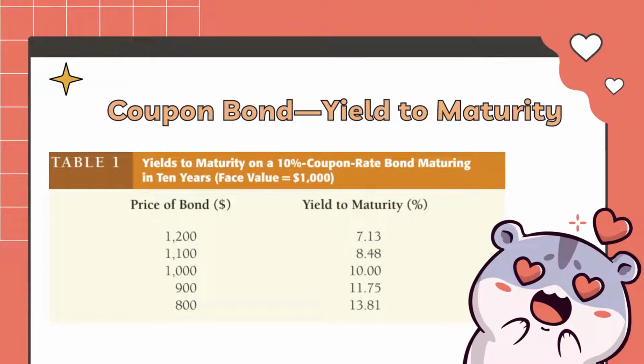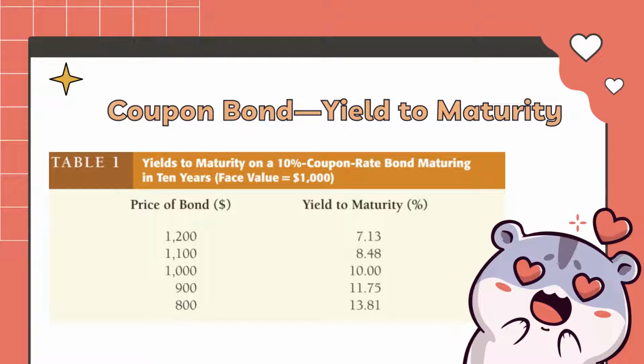So, sabi natin kanina, the price of the bond and the yield to maturity is negatively related. Meaning to say, kapag mataas yung price ng bond natin, bababa ang yield to maturity. Tingnan natin dito sa example natin. Yield to maturity ng 10% coupon rate bond maturing in 10 years. So, the face value is 1,000.